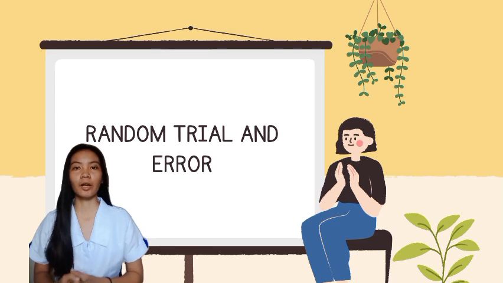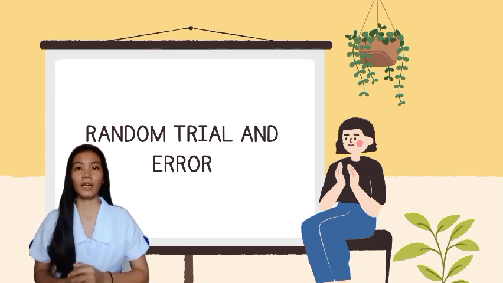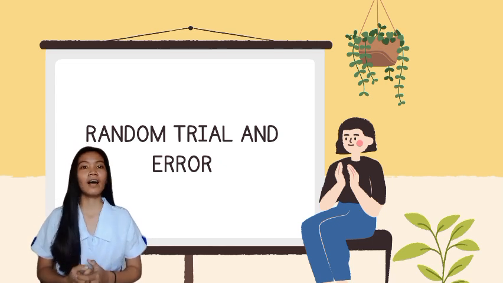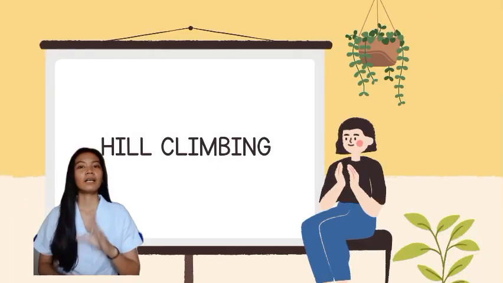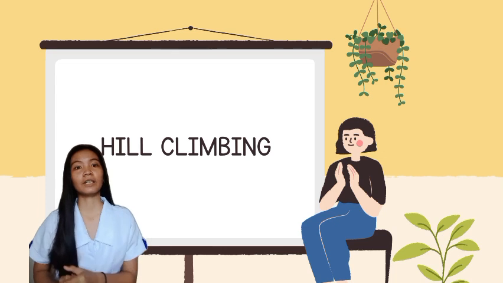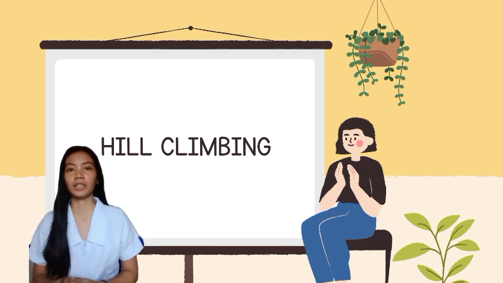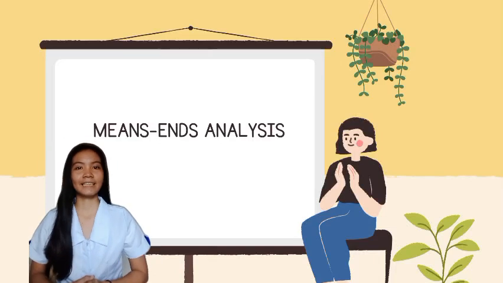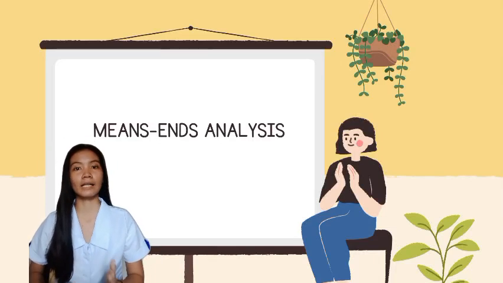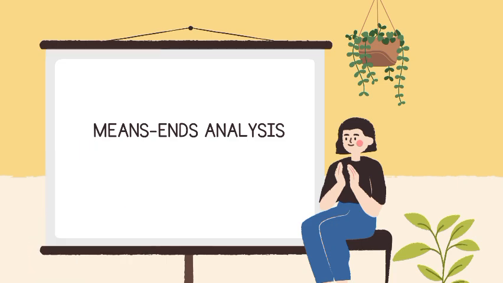Random trial and error is when we are testing any solutions repeatedly until there is one solution that is most effective and accurate. Hill climbing is when creating or finding a solution that is very close to the real goal. Means ends analysis is when trying to solve a problem by analyzing your perceived goal.